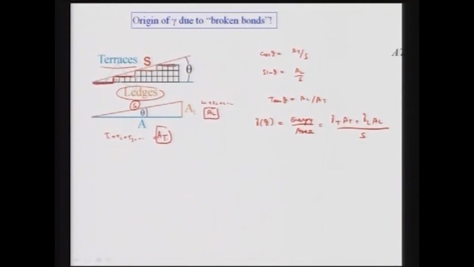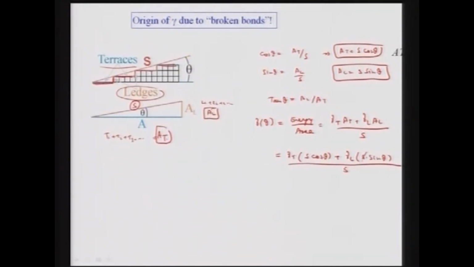In similarity, AT can be given as S cosine theta and AL as S sine theta. So gamma T S cosine theta plus gamma L S sine theta, divided by S. We can cancel out S, and now the total gamma is given by gamma of the terraces multiplied by cosine theta plus gamma L multiplied by sine theta.